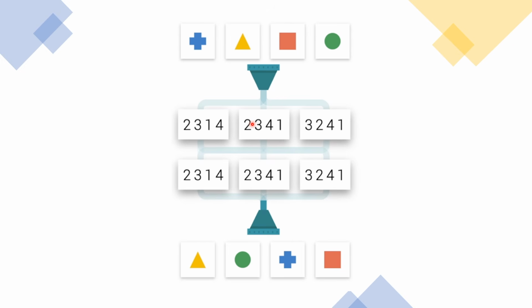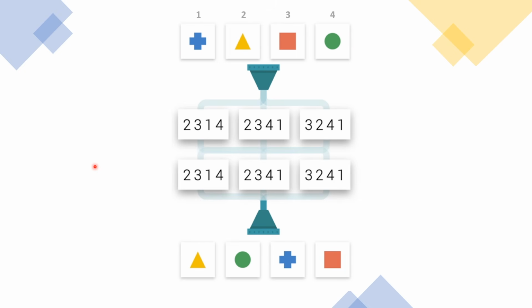Again, like we did with the other example we looked at, we need to imagine that these shapes are sequenced as follows. The first shape is number 1, the second shape is number 2, third shape is number 3, and the fourth shape is number 4. And then we solve for the first operation, which will be this.